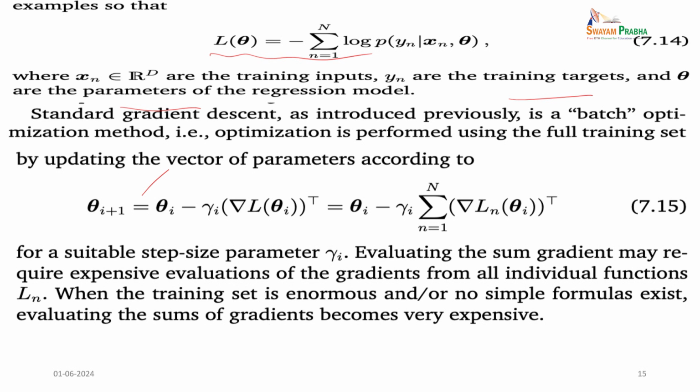So, theta i plus 1 equals theta i minus nu i into delta L of theta i the whole transpose, which equals theta i minus nu i into summation n equal to 1 to N delta L n of theta i the whole transpose. This formula is used for standard gradient descent.